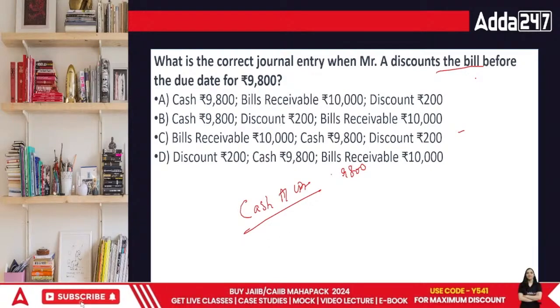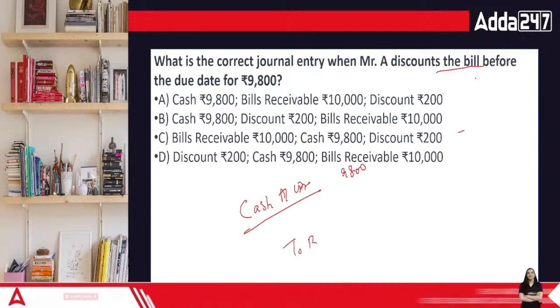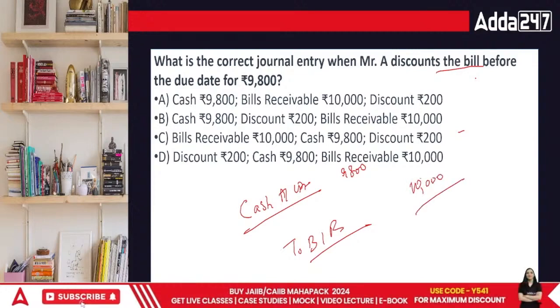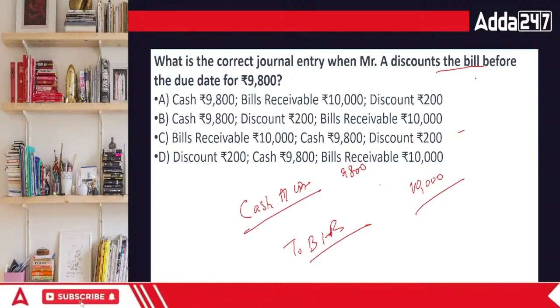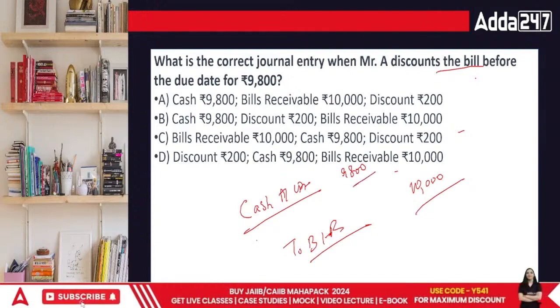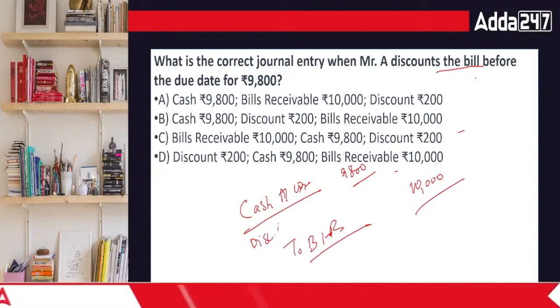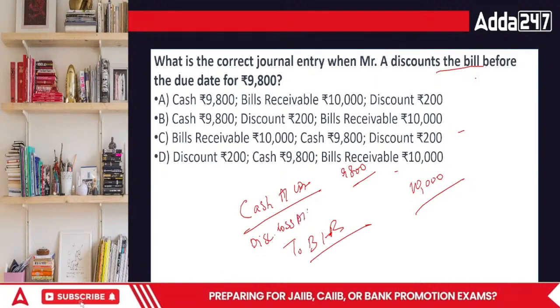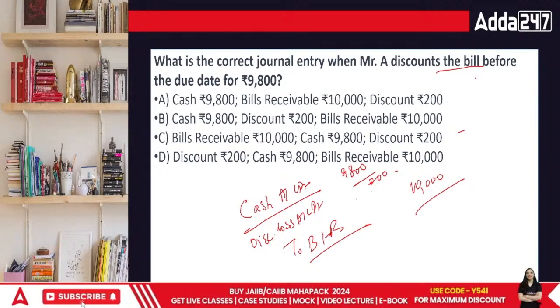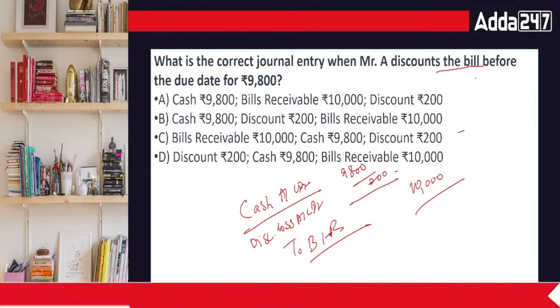You will receive cash of 9800, but the bills receivable that has gone out of your hand is still of 10,000. This was for 10,000 and we have got it for 9800. That means the remaining amount is discount loss, and in this case it is rupees 200. That is our discounting charges.